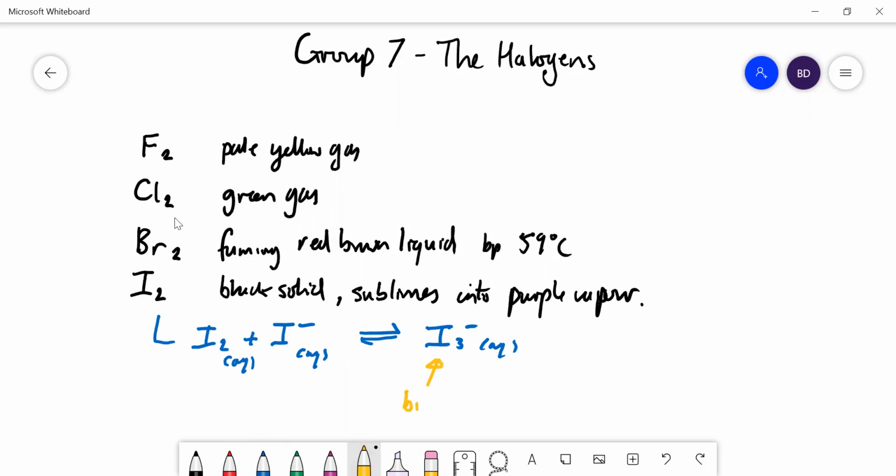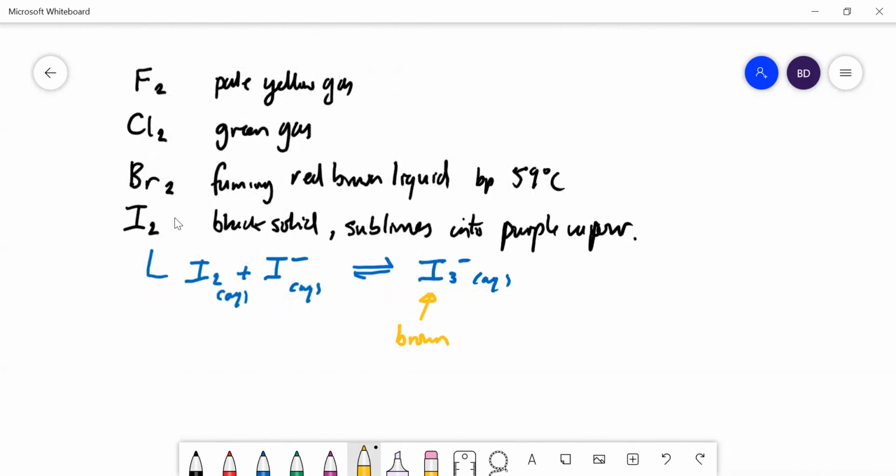So the little iodine bottle you used to test for starch in biology actually has I2 in potassium iodide solution, and that looks that sort of brown color.